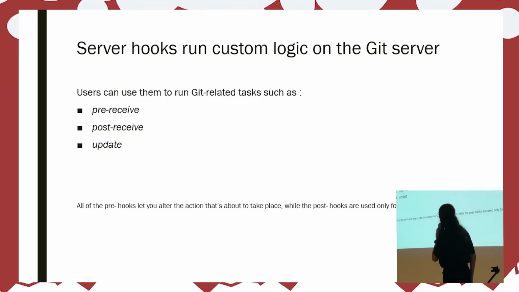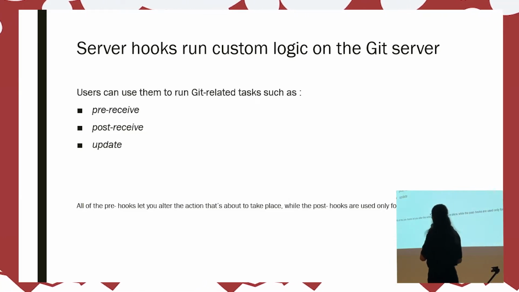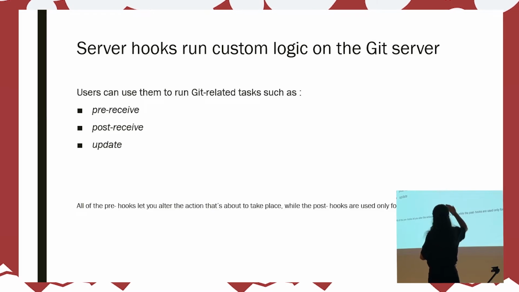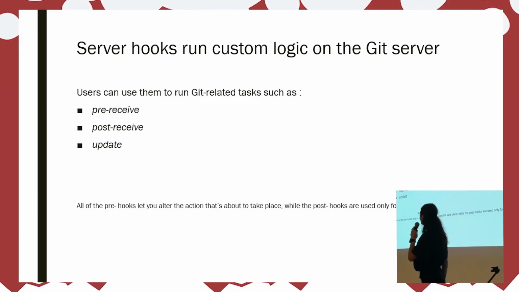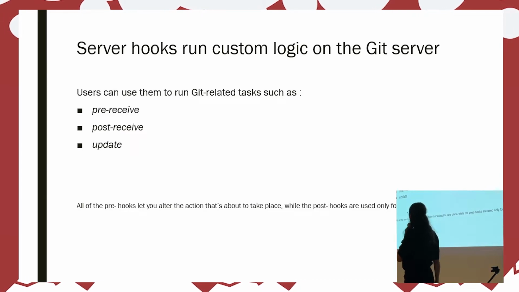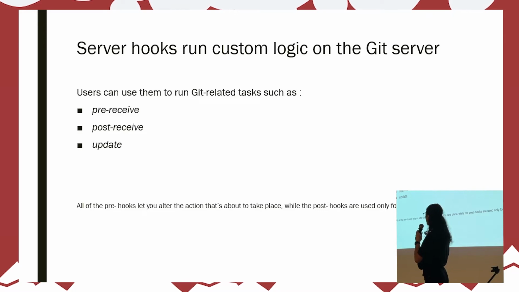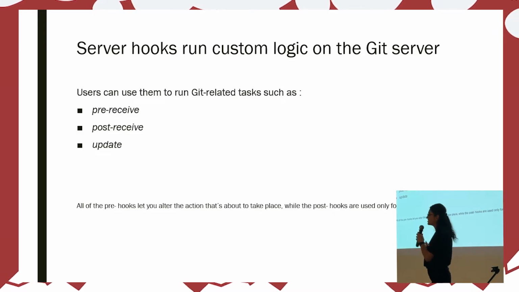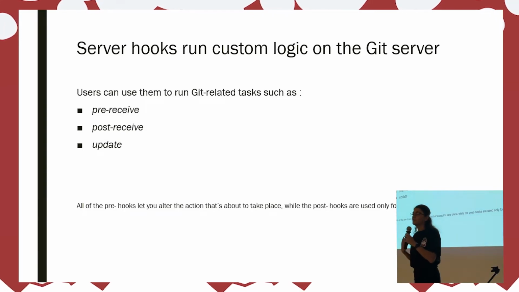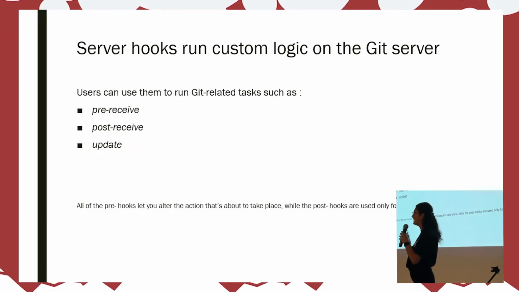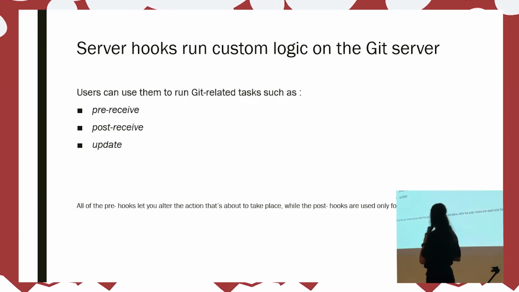So as I already mentioned, server-side hooks run custom logic on the Git server. Users can use them to run Git-related tasks. What are Git-related tasks? You see on the screen: pre-receive, post-receive, and update. The important thing is that whenever you use pre-hooks, whatever it is, it gives you the ability to alter something, to change something, or just to have any kind of impact, and I will talk about what kind of impact it can have.